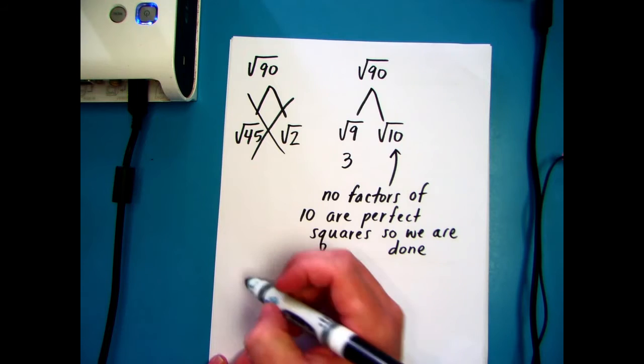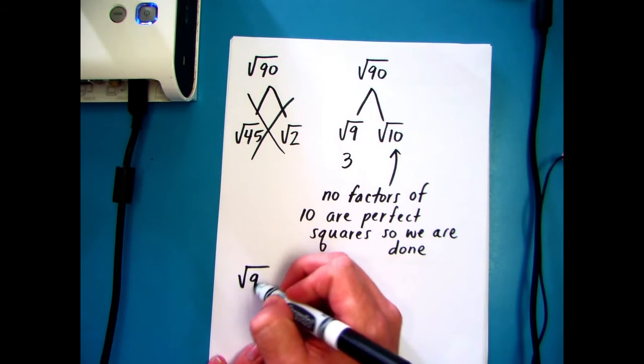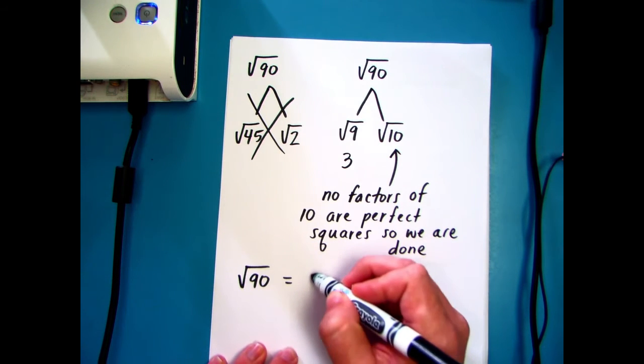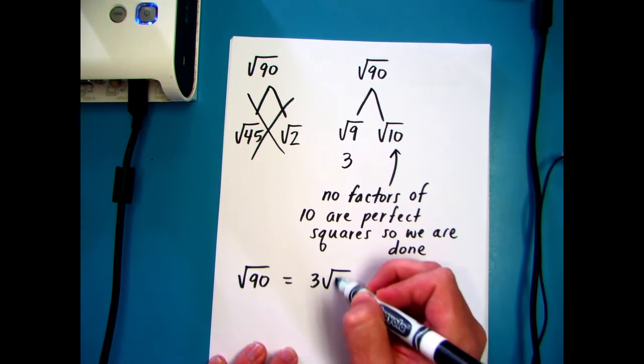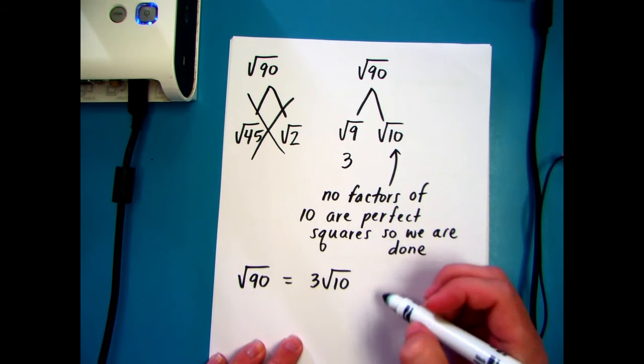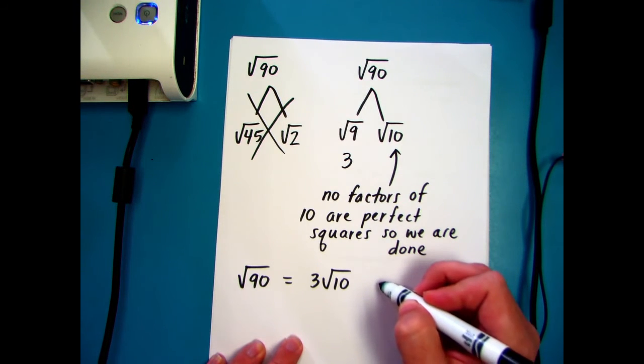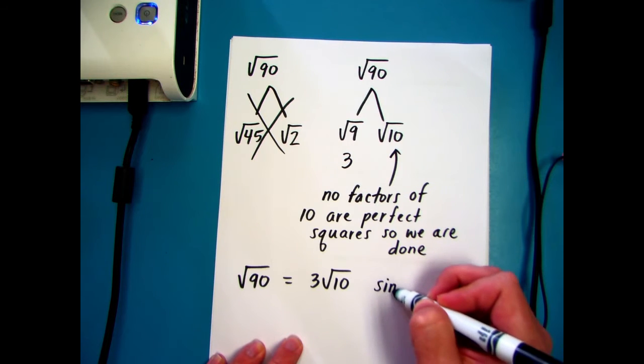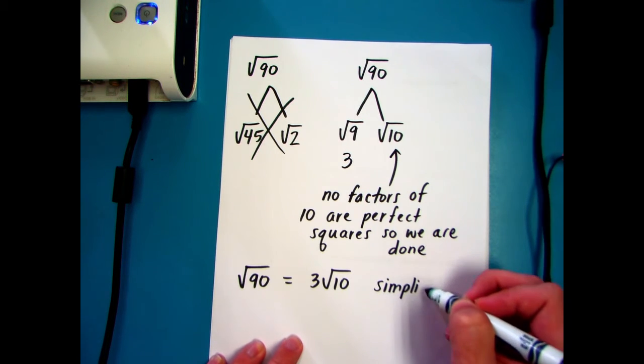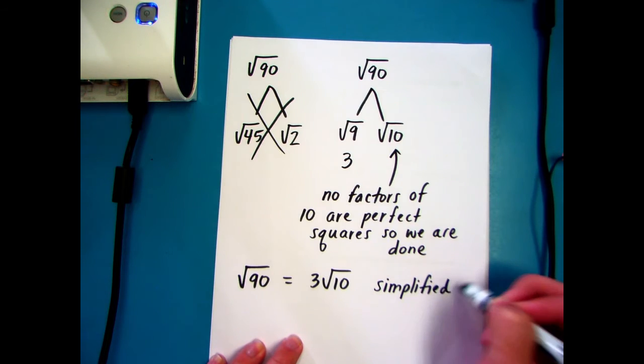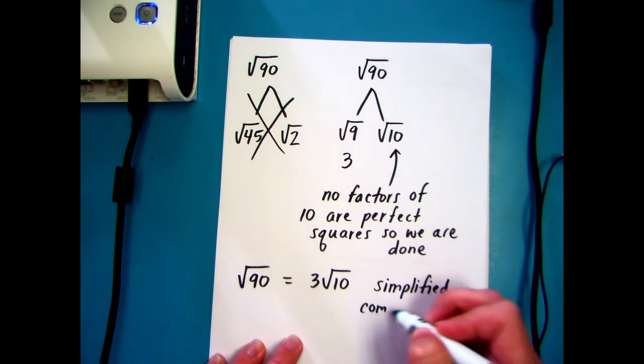We have simplified square root of 90 completely, and that result is 3 square root of 10. This is the simplified form, and it is simplified completely.